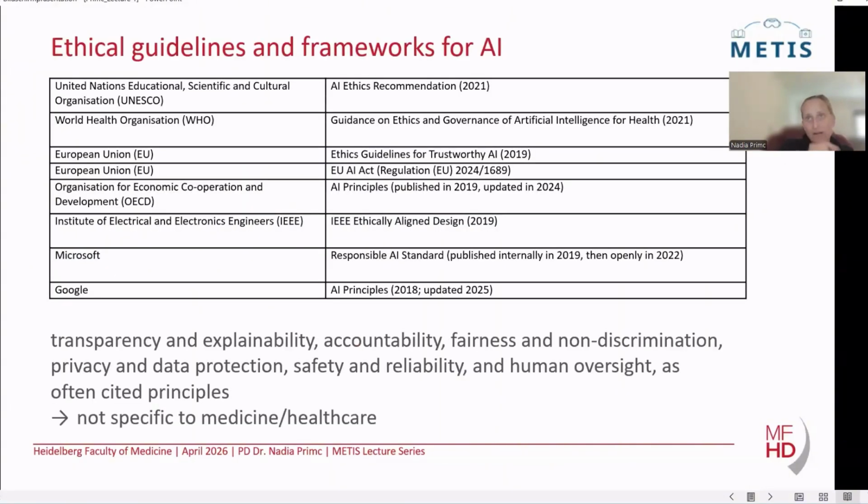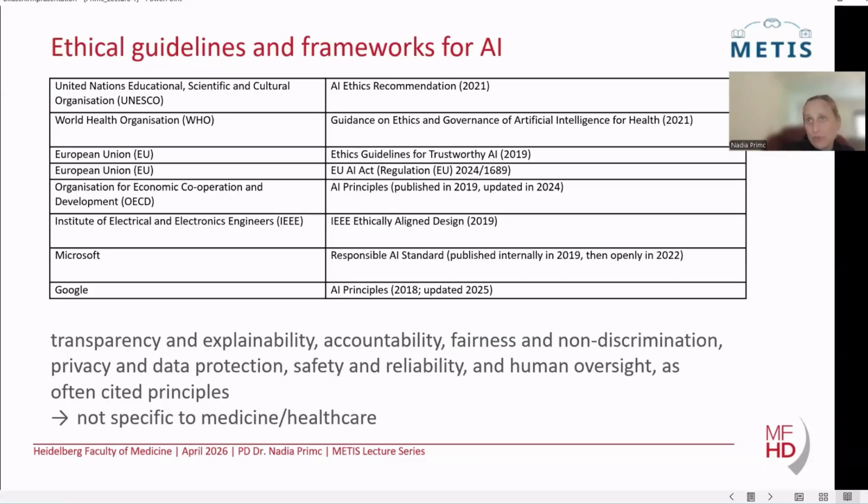And this context dependence is one reason why the general ethical frameworks developed for AI fit the field of healthcare and the different clinical contexts only partially. There are a lot of frameworks that have been developed. I have put some examples here on the slide.